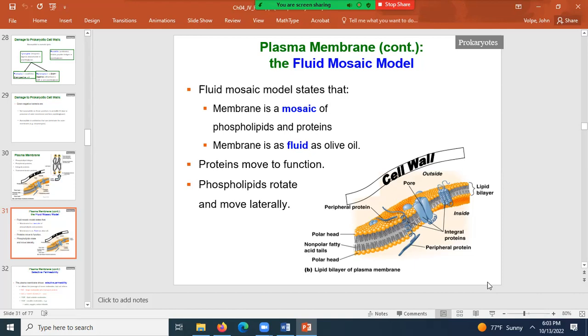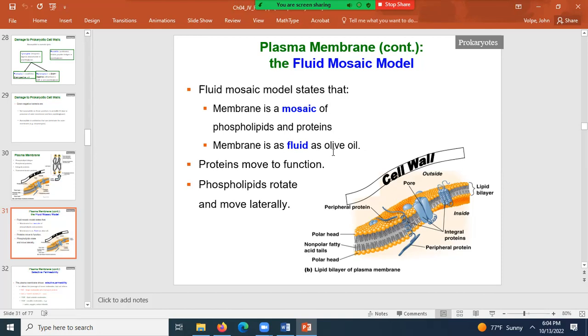And that plasma membrane is a fluid. It is a membrane that is as fluid as olive oil, so slightly a thick fluid. If you put olive oil in the refrigerator, it's solid. Our cell membrane isn't solid. It's as fluid as liquid olive oil.